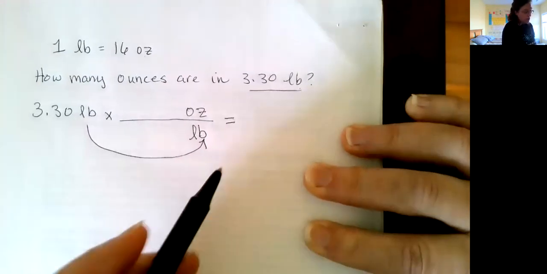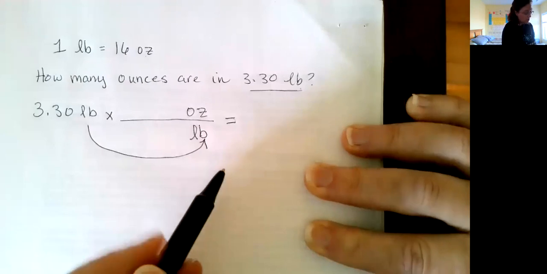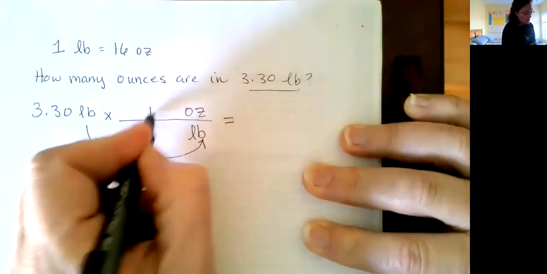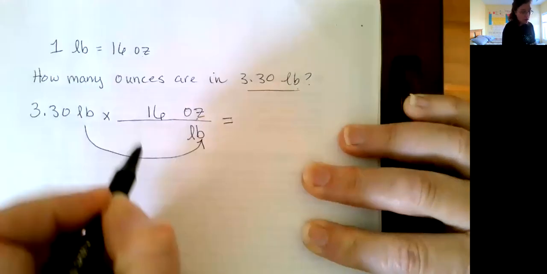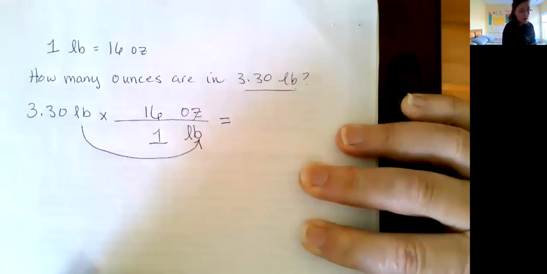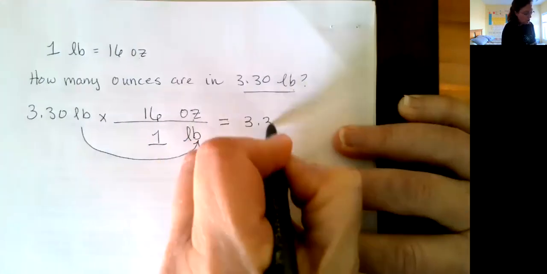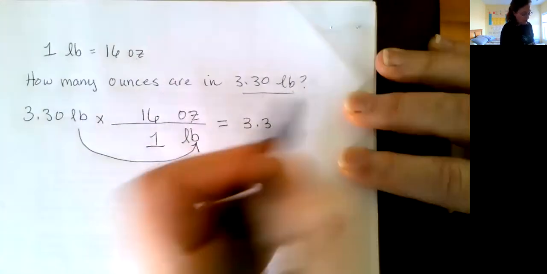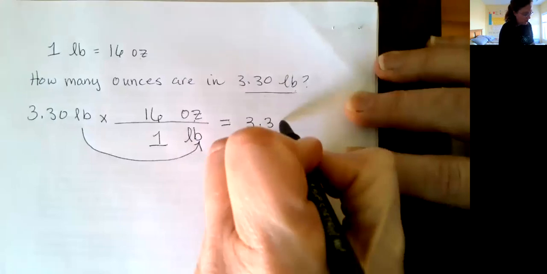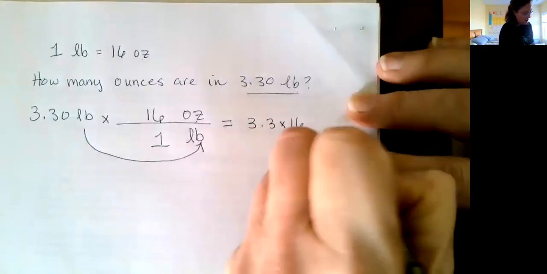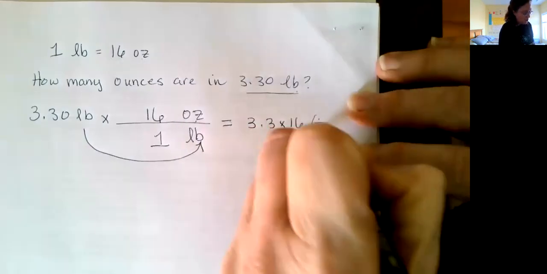We're going to stick our numbers to the units. In this case, the 16 will stay with ounces, and the 1 will stay with pounds. In the calculator, we're going to do 3.3, because you really don't need the 0 there, times 16. If it was something other than 1, I would divide by 1.